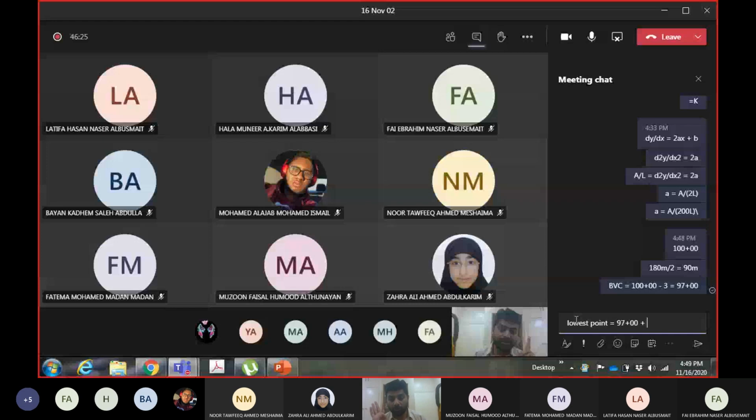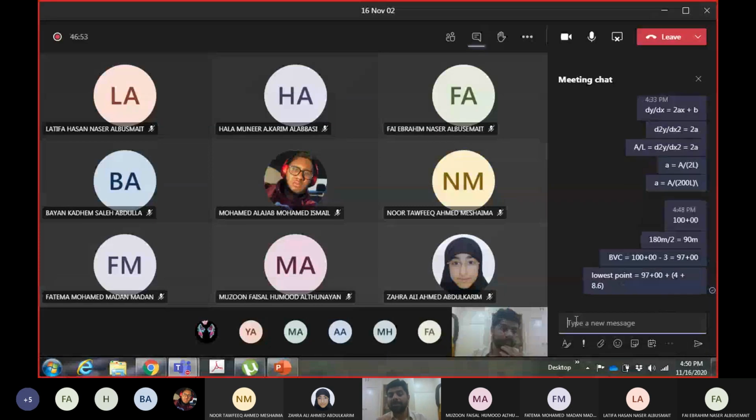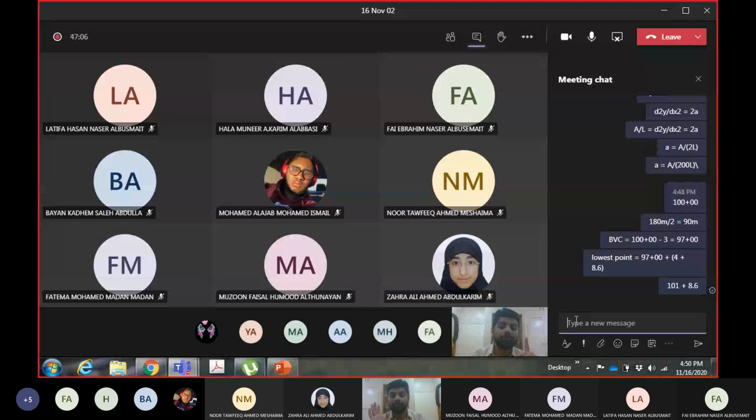So from 128.6, 120 is 4 stations, and then the remaining is 8.6. So 4 plus 8.6. The lowest point will have a station of 97 plus 4, meaning 101 plus 8.6. This is the station of the lowest point.